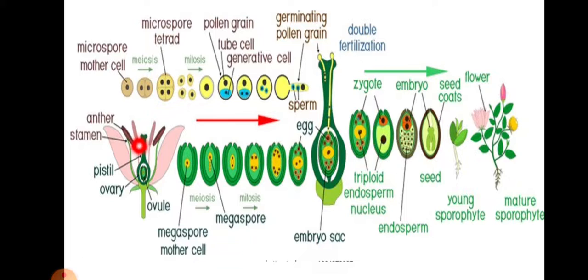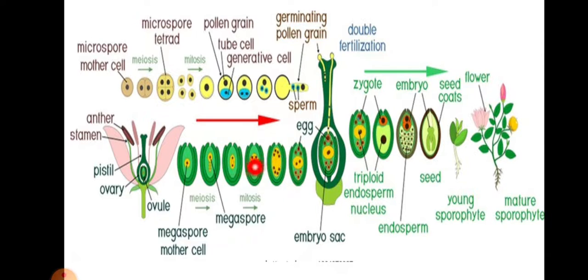The ovary is also female part, and the ovule is also female part. This ovule contains this type of structure. Here you can see the egg cell at the micropylar region, and at the chalazal region the antipodal cells are present.